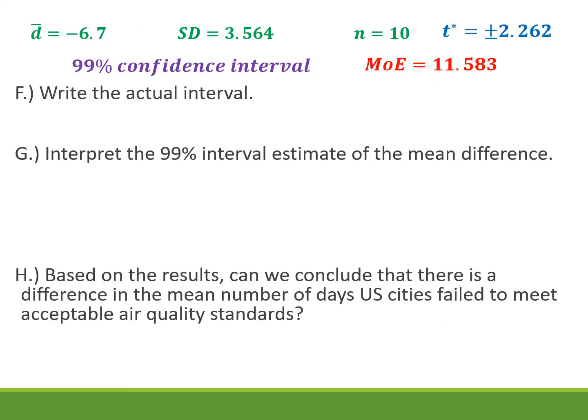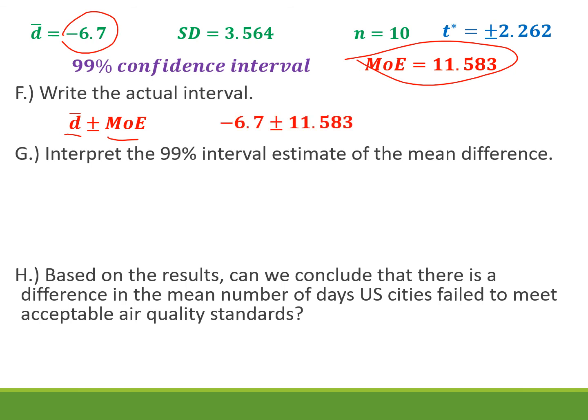To write this actual interval, we take our average difference and we add and subtract the margin of error. So we have negative 6.7 plus and minus that margin of error gives us an interval of negative 18.283 to positive 4.883. Interpret the interval.